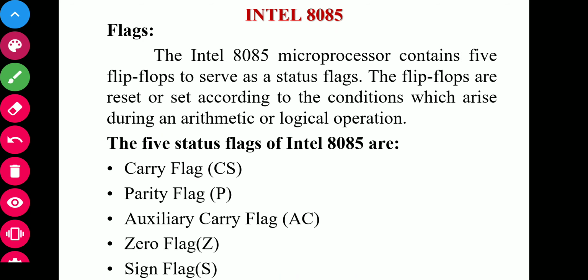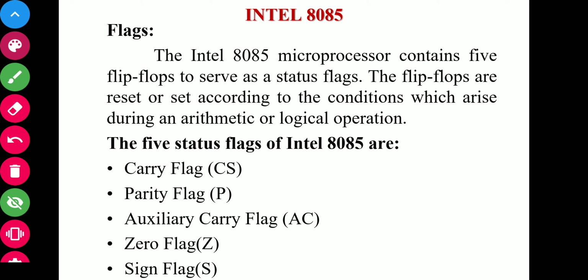And the next thing, flags. See, generally, what is a flag? If, instead of gesturing or talking to your friend or anyone in front of you, you show something like a flag or some white cloth, that person in front of you will understand that you are showing peace.